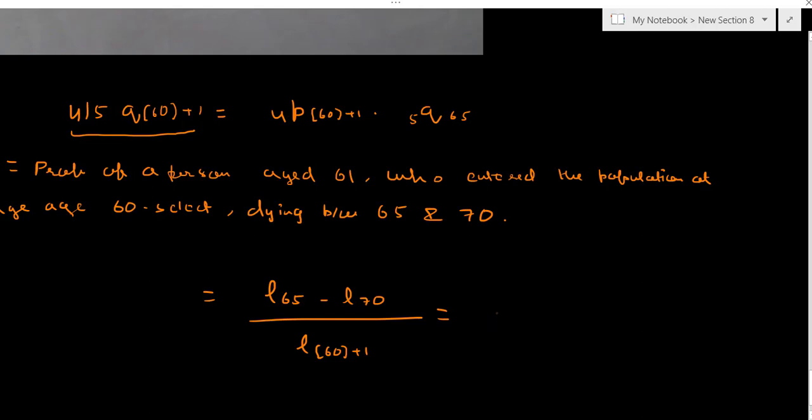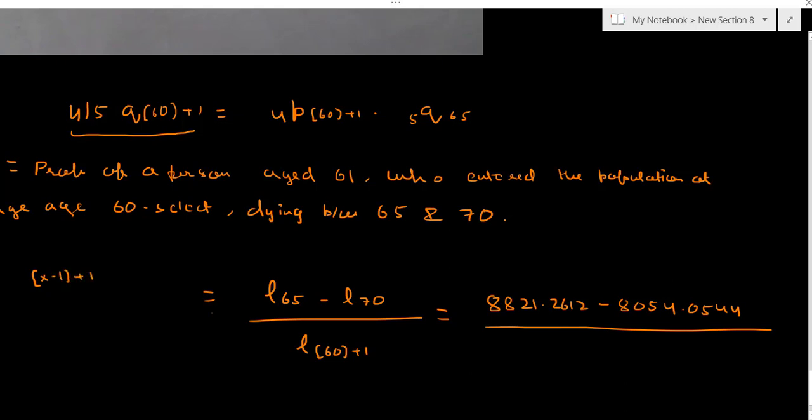So L65 is just 8821.2612 from the tables, minus 8054.0544. These were two ultimate probabilities, and this one here is just the second column value, that is, this probability x minus 1 plus 1, and you will find this against the age 61 and not 60.